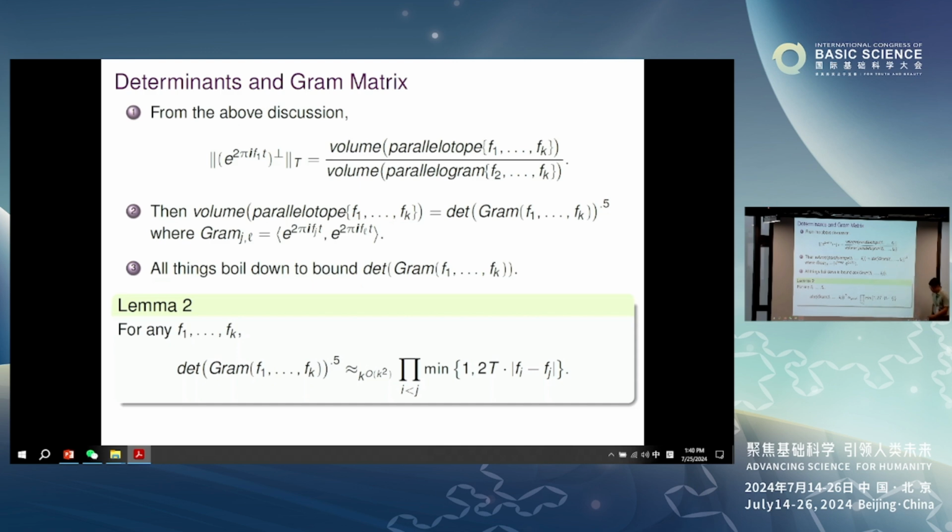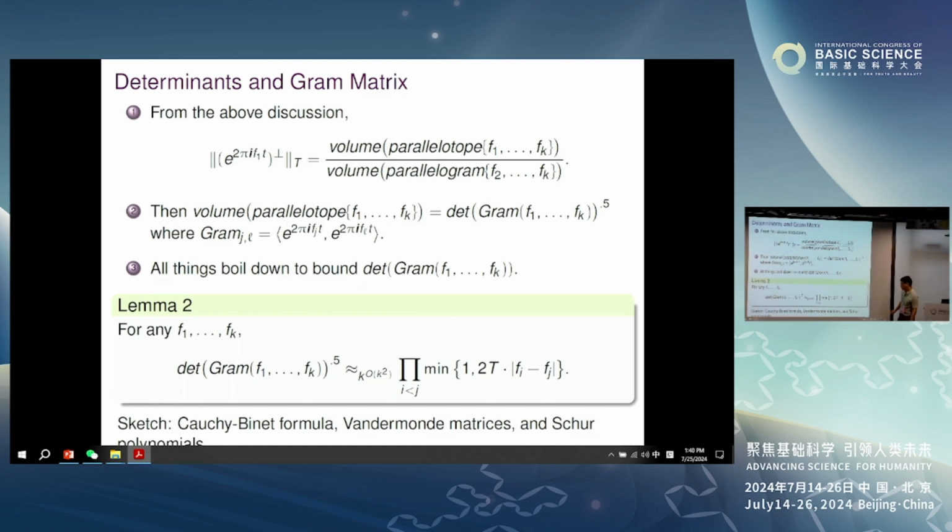I don't have time to discuss how we get this lemma, but you may realize this pairwise product comes from a fundamental matrix. We apply a Cauchy-Binet formula to expand this inner product into generalized fundamental matrices, and then use Schur polynomials to compute each determinant.